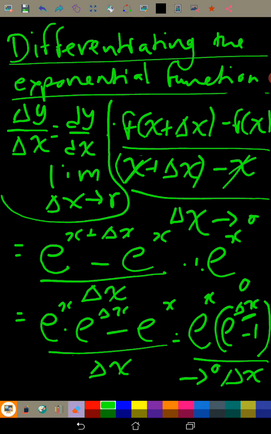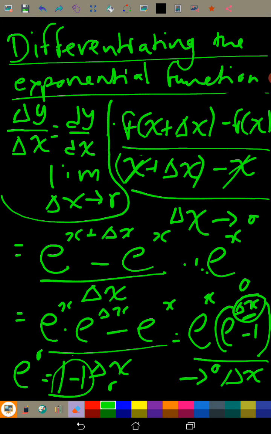I think that's how we got this. We said that delta x tends to 0. This is going to be 1 because anything to the power of 0 is 1. So we'll have 1 minus 1, 0. So this looks like it's going to be 0.